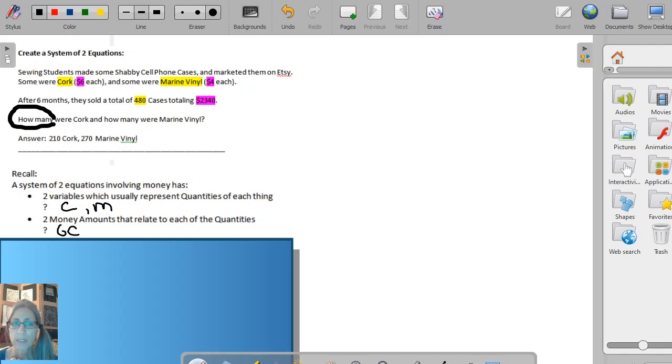So we could put a 6 there. We could even put our dollar sign just so we make sure we understand. And then what is the money amount that relates to our other quantity, M? Well, our marine vinyl is $4 for each one. So those are our two money amounts relating to each of our quantities.